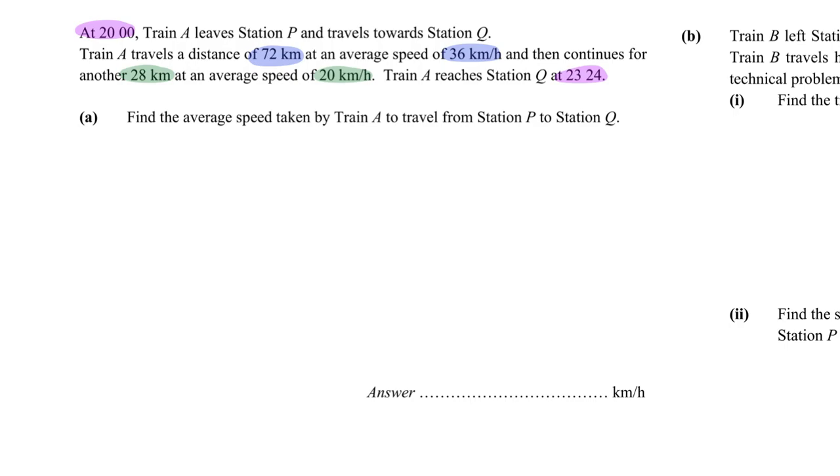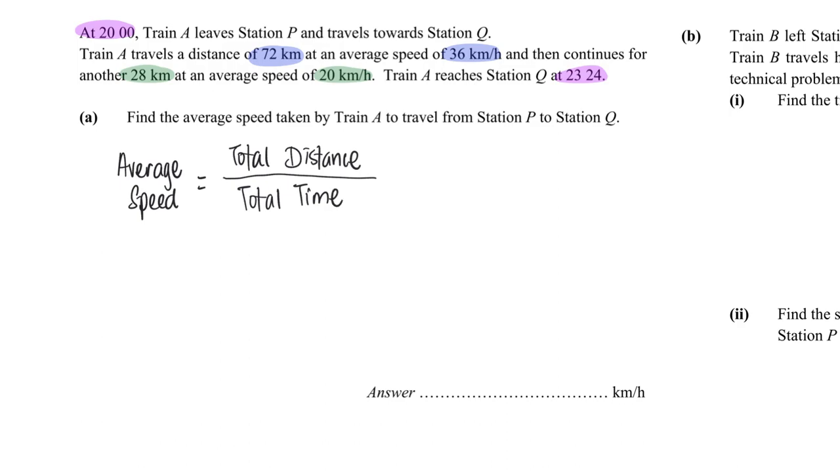In this question, since we are finding average speed, it is the total distance traveled divided by the total time taken.